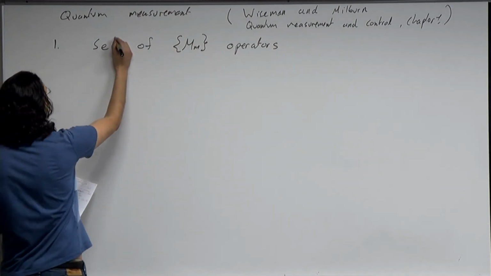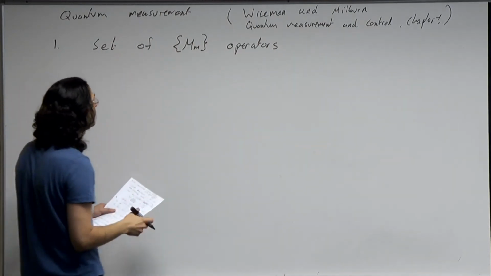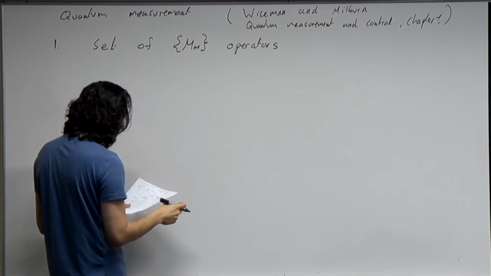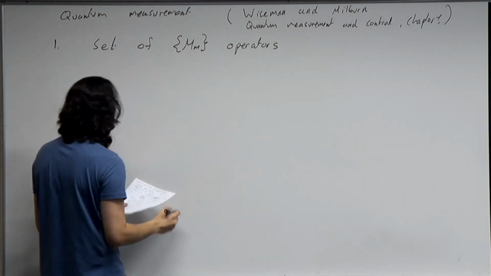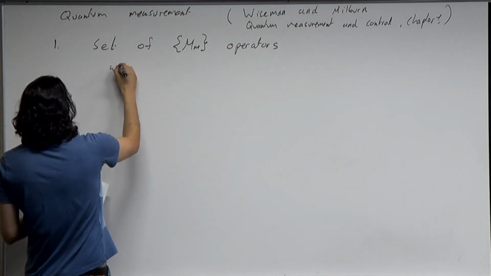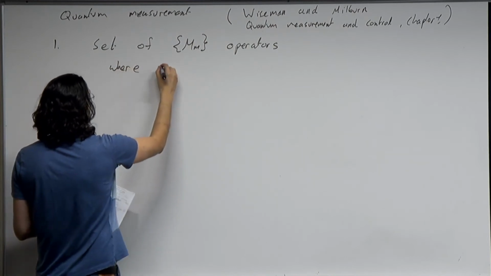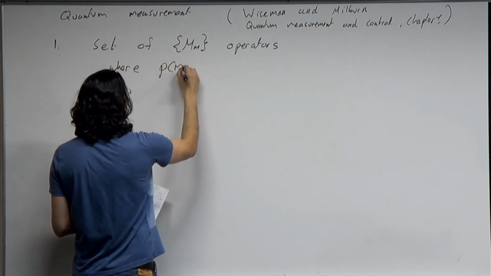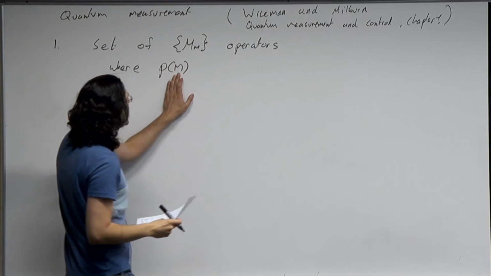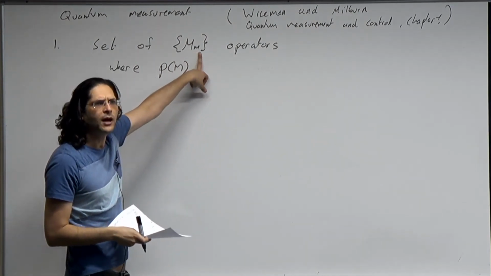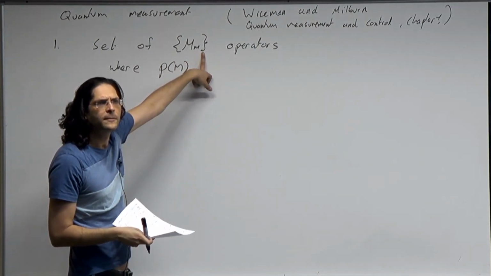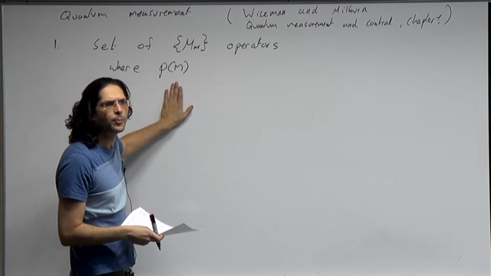Okay, so we're starting with the general definition of a measurement, and that is basically a set of some operators M, where the probability of getting some outcome m, so small m is the outcome of the measurement, and large M is the operator.